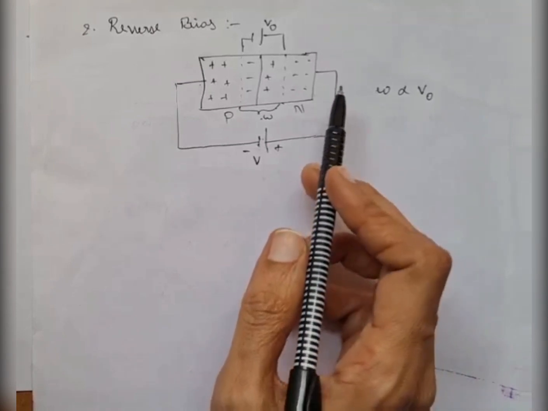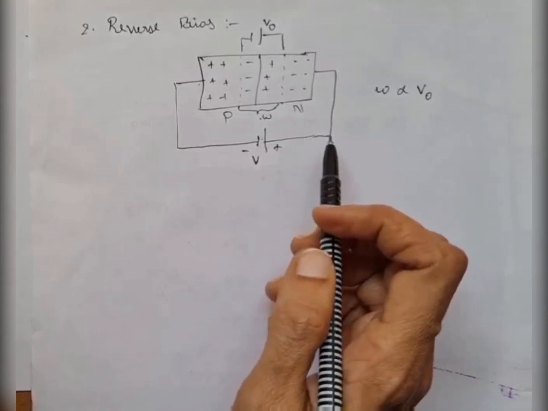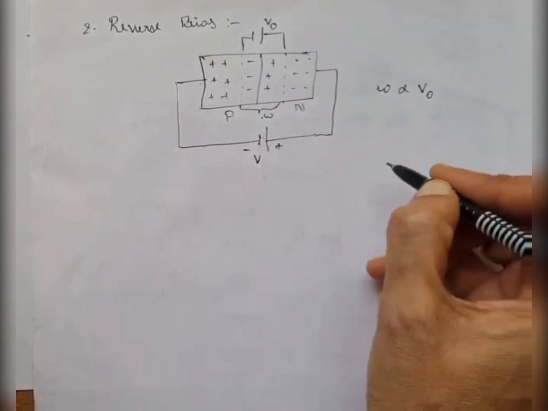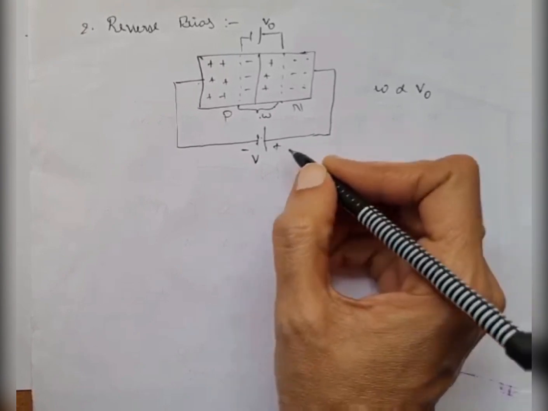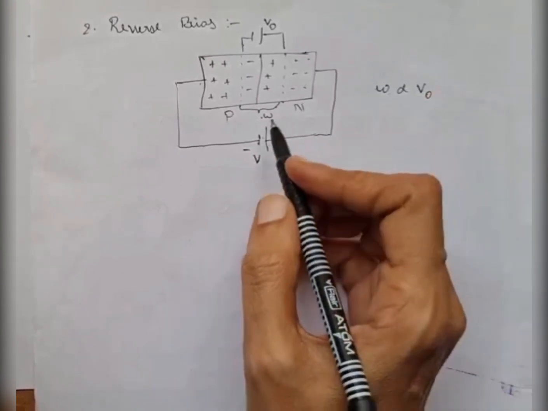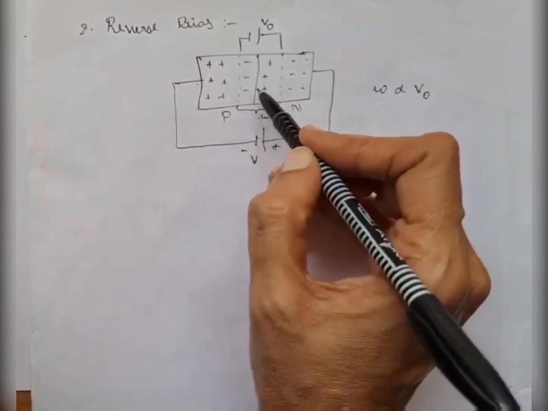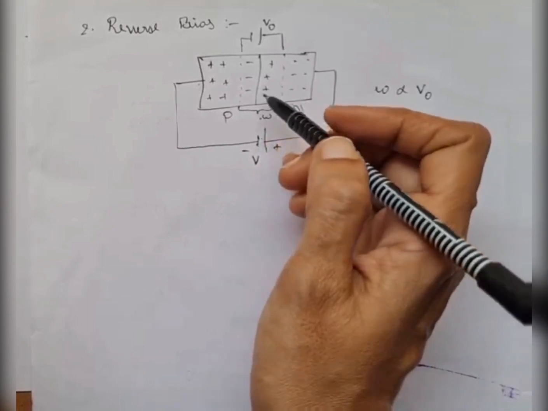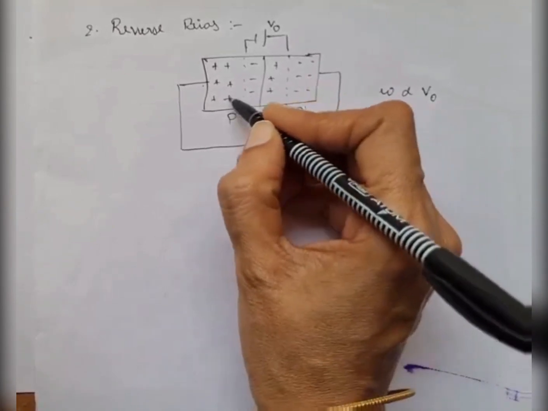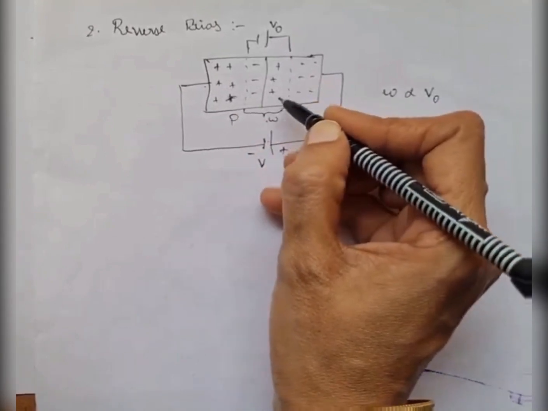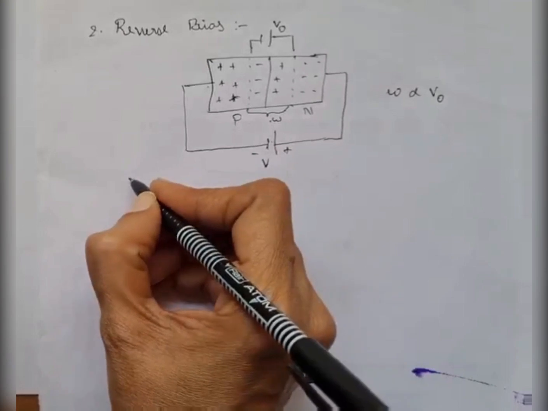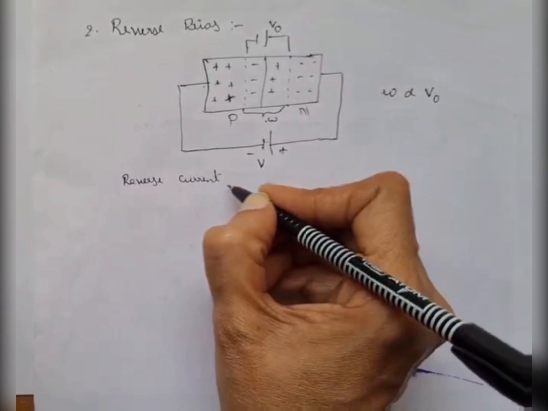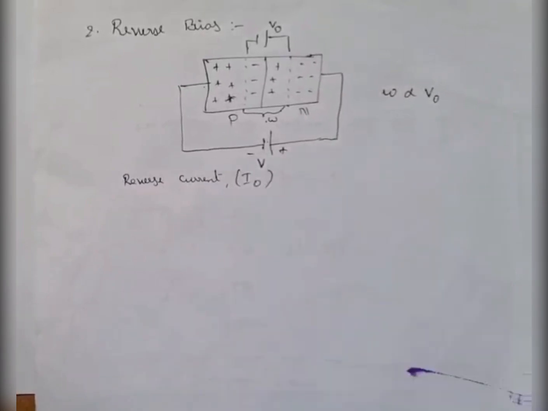Theoretically, no current flows through a PN junction diode, but in the practical case a very small amount of current, in the range of microamps, will flow under reverse bias. This is due to the minority carriers: electrons in the P region and holes in the N region. This small movement is called reverse current, or reverse saturation current, denoted by I0.